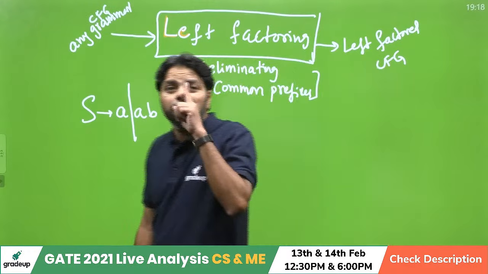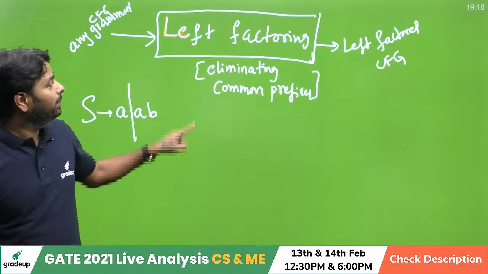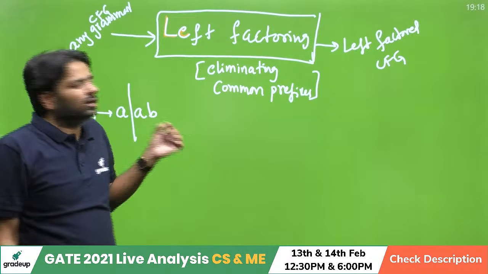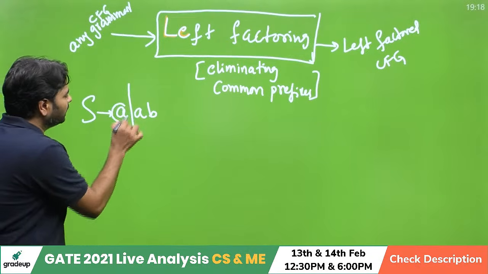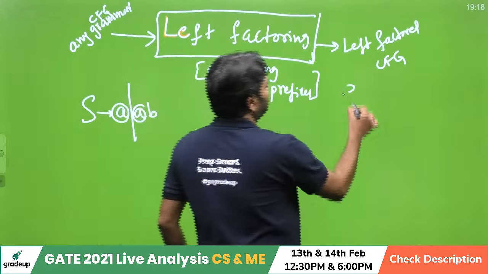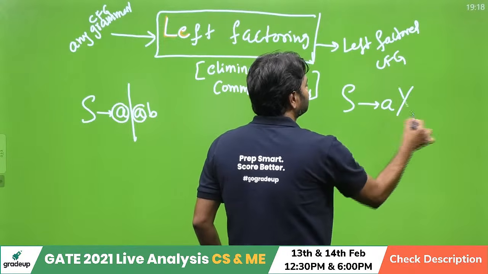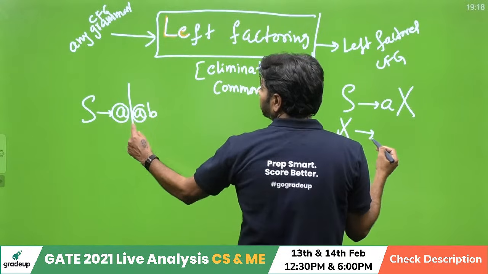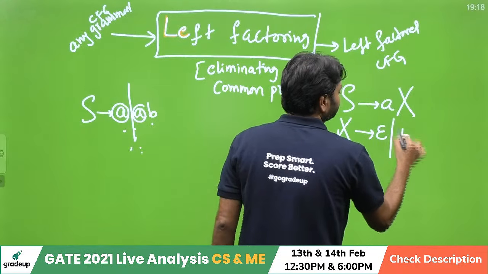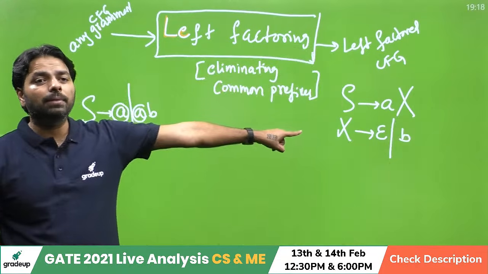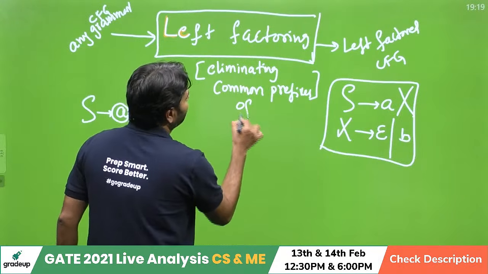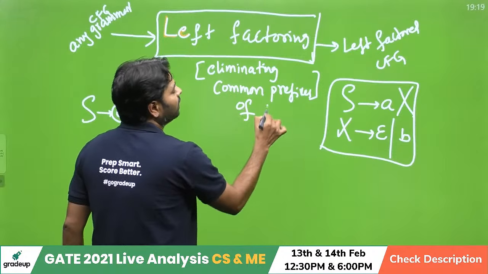But of which length? Prefix of one length or two length? Because we are looking at an LL1 parser, we look at only one length. And A is common, so we are going to delete that. So A I keep once, then X, and X can take care of what comes after A. After A, epsilon is there, or here B is there. Now you can see there is no common prefix of one length. In this grammar, we are eliminating common prefixes of one length.